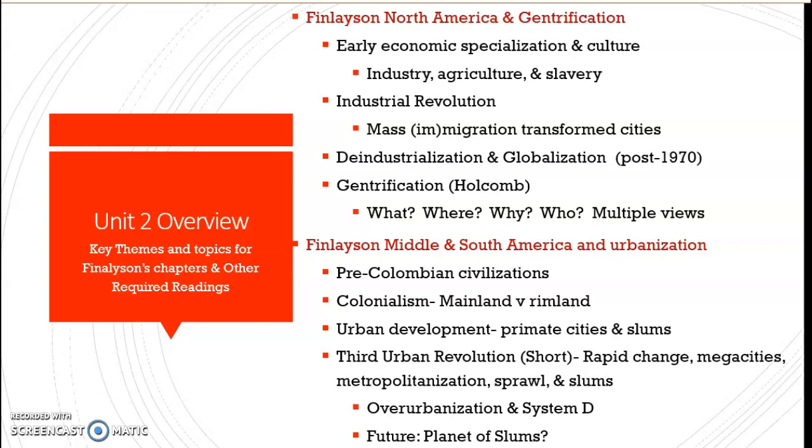So we're not alone in this metropolitanization factor. And we'll take a look at sprawl, and we'll take another look at slums. And we'll introduce the idea of over-urbanization, which occurs when cities' populations grow so rapidly that the formal job market and formal housing market can't accommodate the population change. And we'll take our first peek at this concept of System D, which I think you'll find interesting.